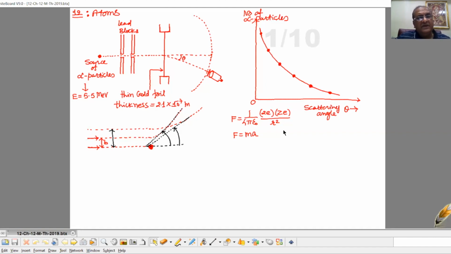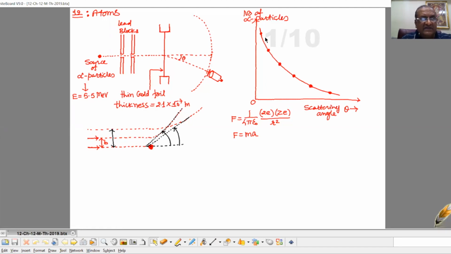So here in this particular equation, N0, that is number of alpha particles incident, capital N, that is the number of alpha particles scattered at angle theta, small n, that is number of atoms per unit volume, then s, that is the thickness of the foil. So using all these parameters, he derived this particular equation.